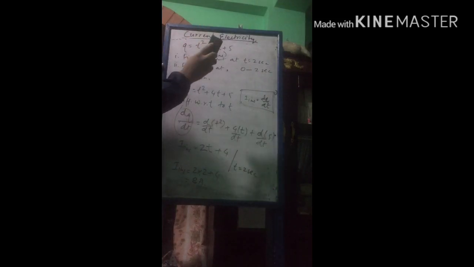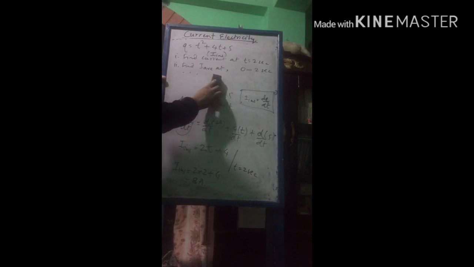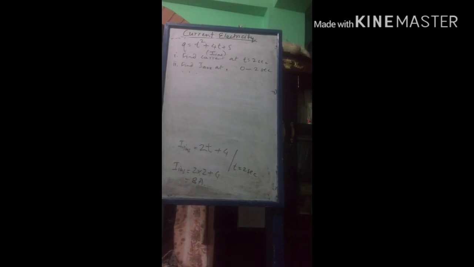Now let us go to the second part. We have found the instantaneous current, 8 ampere.